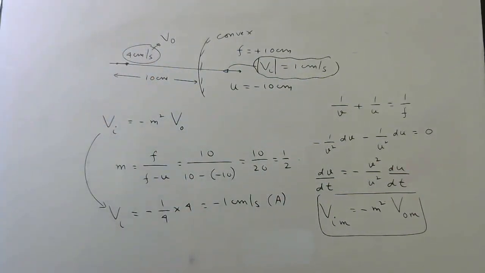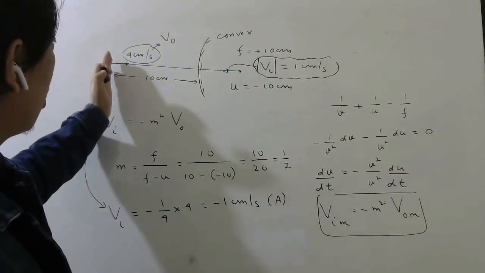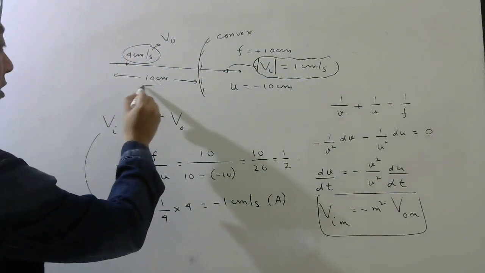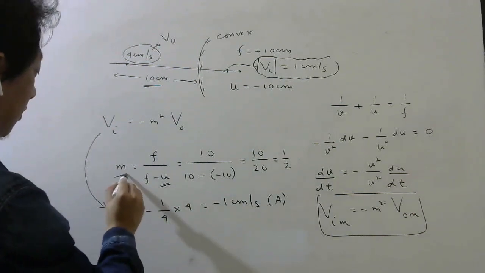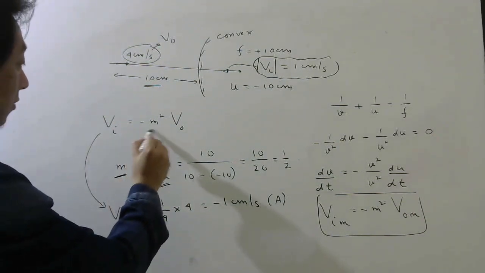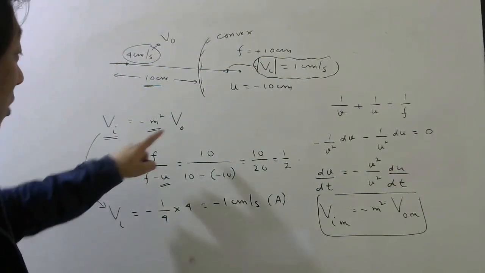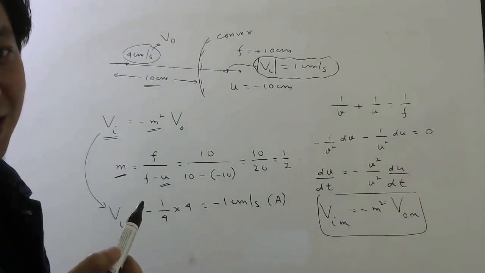One thing you should remember is this image velocity is not something which is constant, because as the object moves, this object distance will change. So as the object distance will change, magnification will change. As magnification will change, image velocity will also change. So even if the object is moving uniformly, image will not move uniformly, remember.